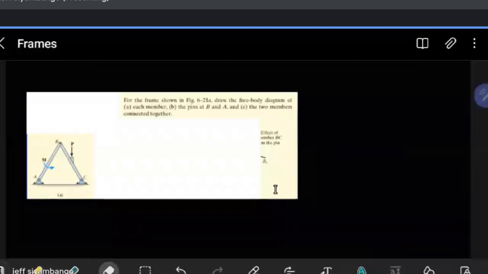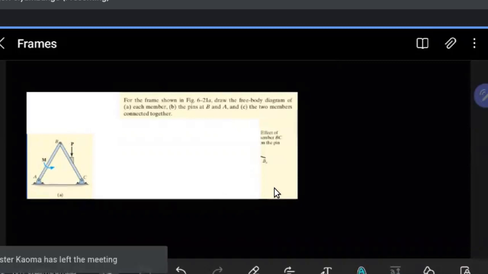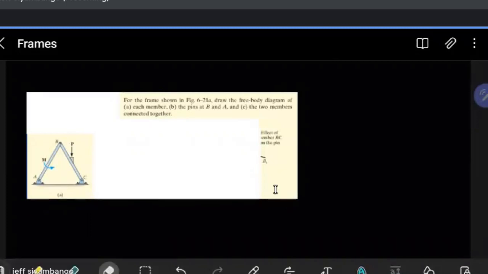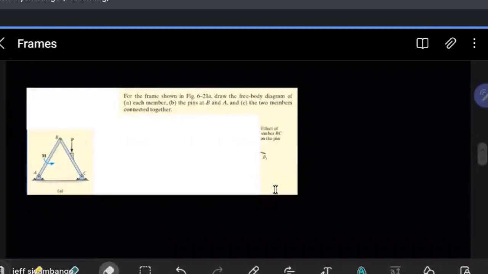For the frame shown in the figure, draw the free body diagram of each member. That's for part A. Then B, the pins at B and A. And then C, the two members connected together. Okay, so this is what we're trying to do.